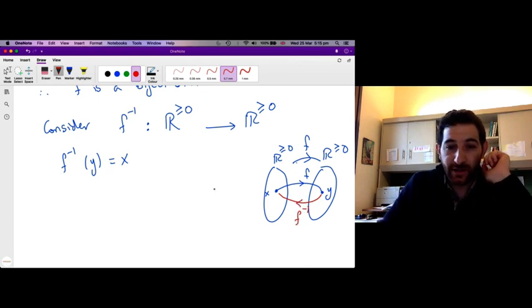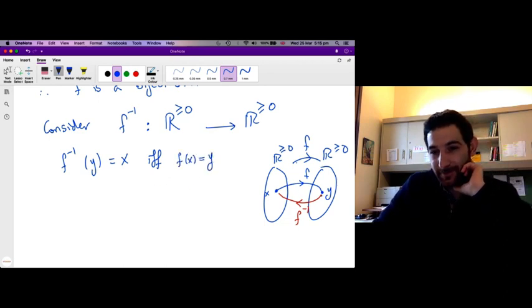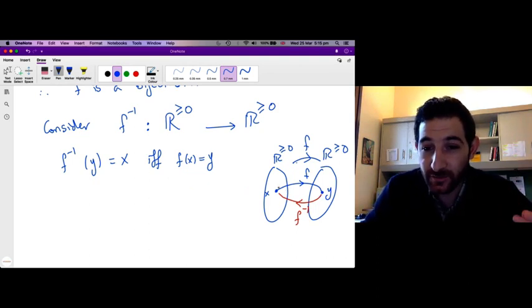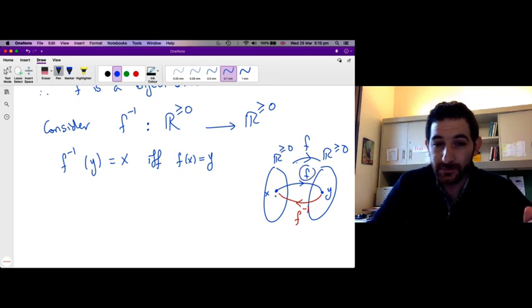So f inverse of y is x if and only if f of x is y. This is how we define the inverse, right? We defined f inverse of y to be x, where x is the unique pre-image of y under f.